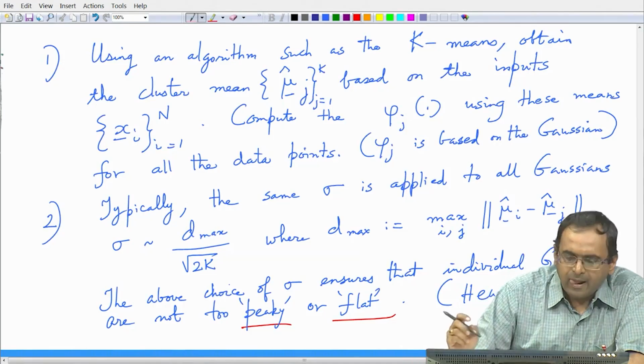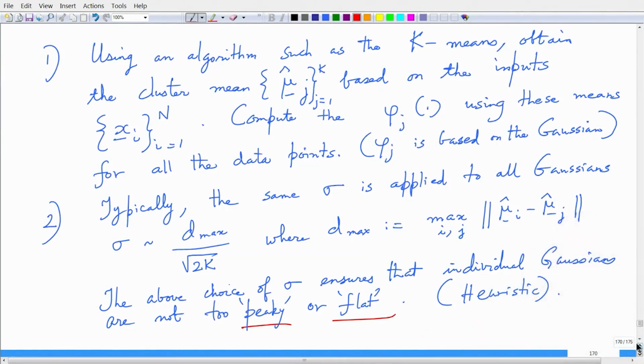Now, using an algorithm such as the k means algorithm, we can obtain the cluster means mu j hat here, the hat indicates it is an estimate, j going from 1 to capital K, because we have k such clusters, and this is based on the inputs that we have, xi, i going from 1 to n.